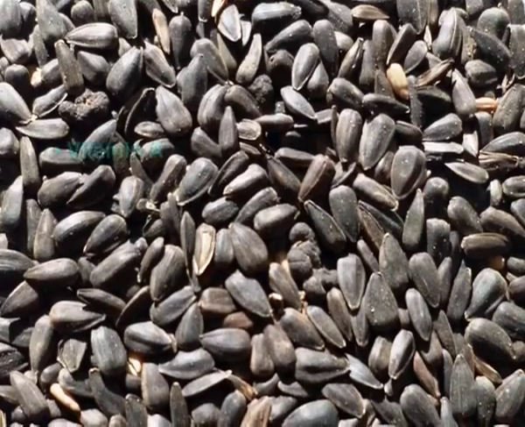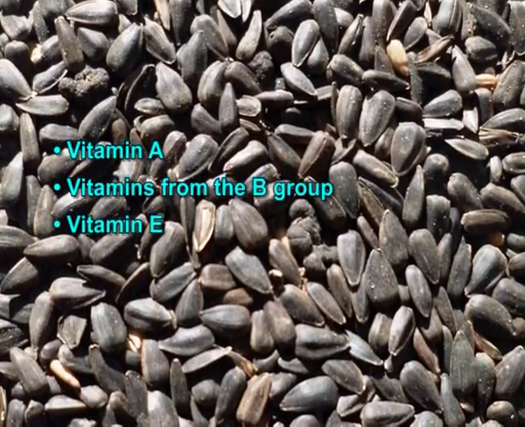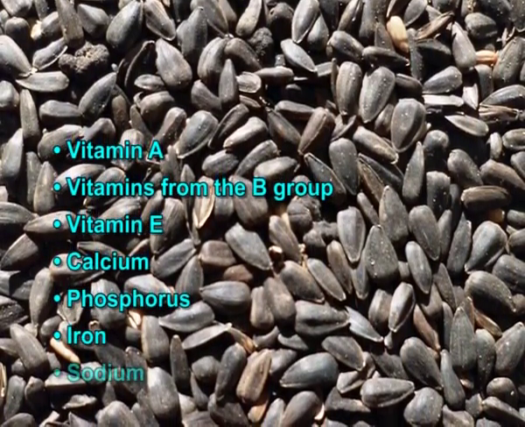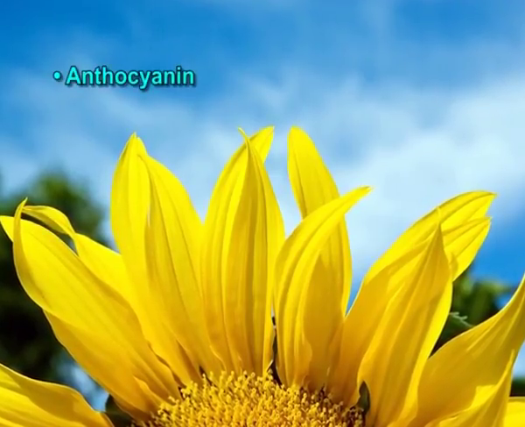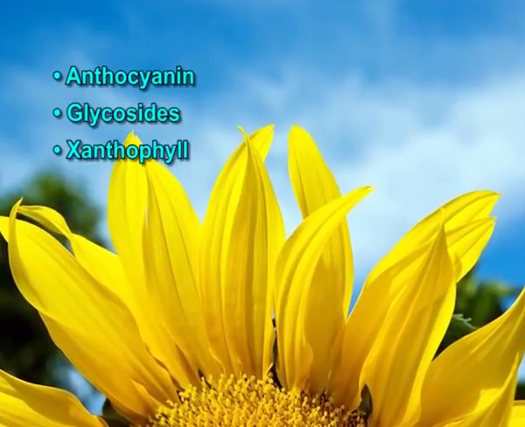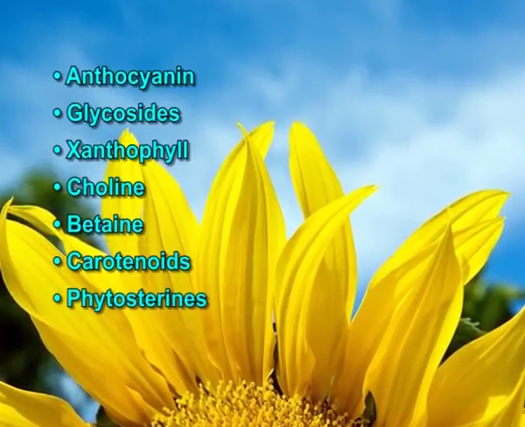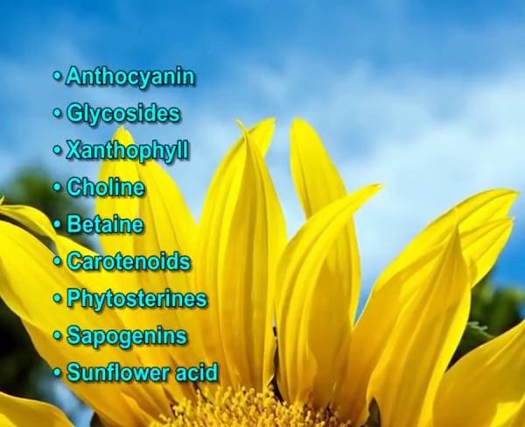The seed contains vitamin A, vitamins from B group, vitamin E, minerals such as calcium, phosphorus, iron and sodium. The flower petals contain anthocyanin, glycosides, xanthophyll, choline, betaines, carotenoids, phytosterins, sapogenins and sunflower acids.